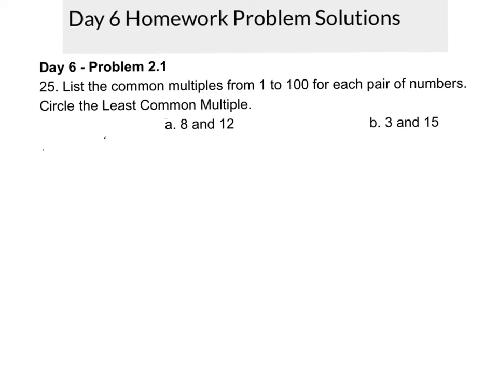Use black. So 8 and 12. So we're going to write all of the multiples. Really, it's skip counting by 8 and skip counting by 12, and we'll go out to 100.